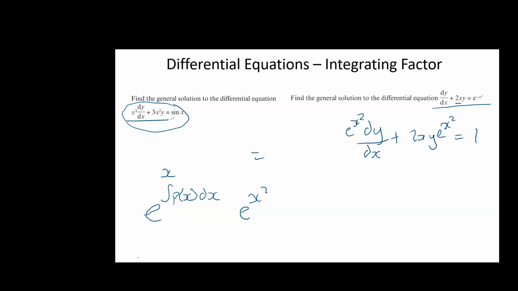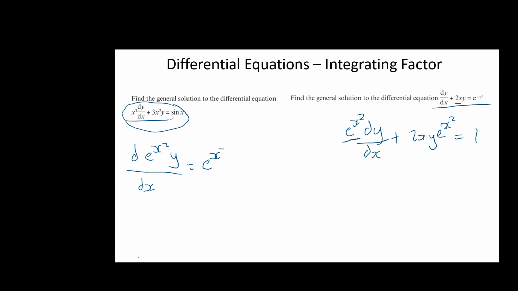So I'm going to get rid of this side so we've got a bit more space to work this through. If this is a product rule, then e to the x squared and y seem to be the two things that we're doing. So the differential of e to the x squared y dx would be the first, e to the x squared, times the differential of the second, which is good, that's what we've got, plus the second times the differential of the first.